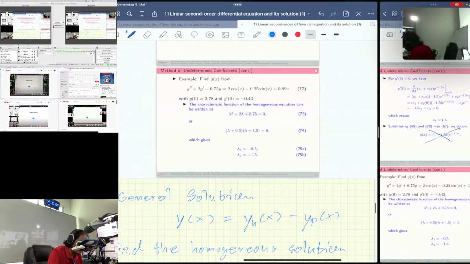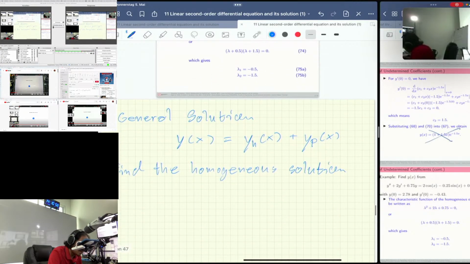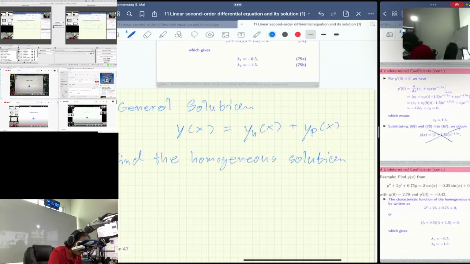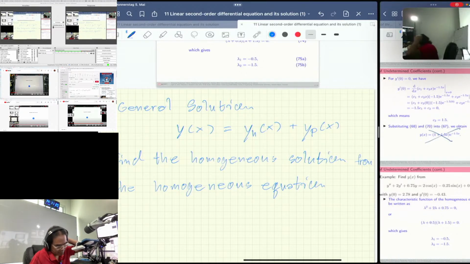We try to find a homogeneous solution from the homogeneous equation.